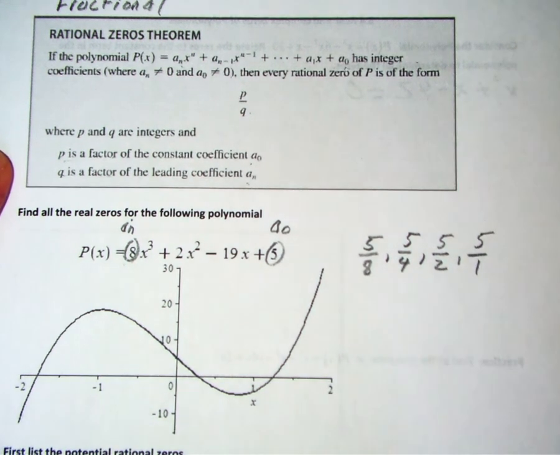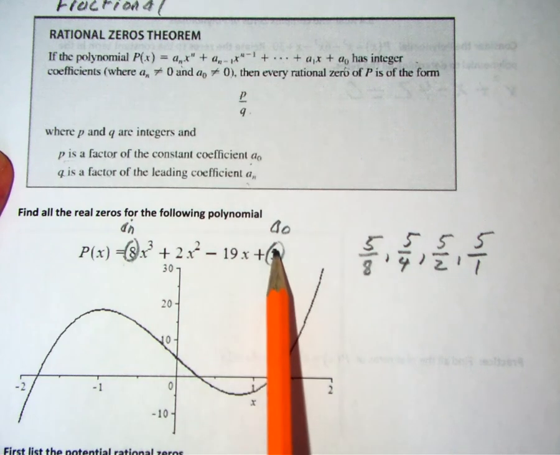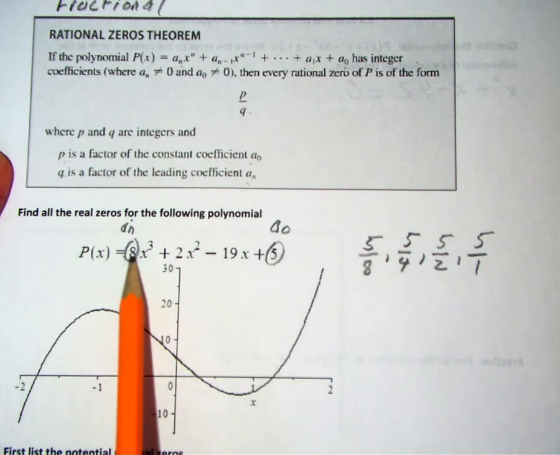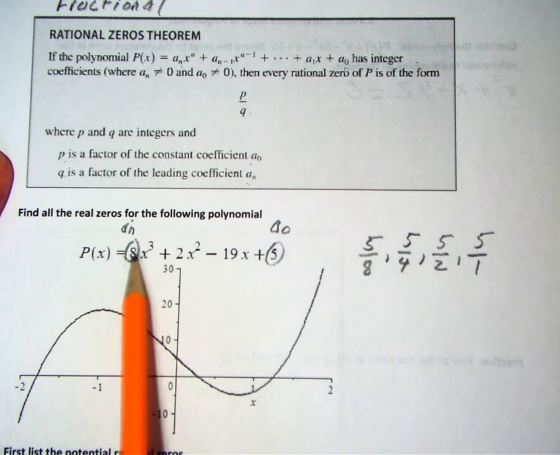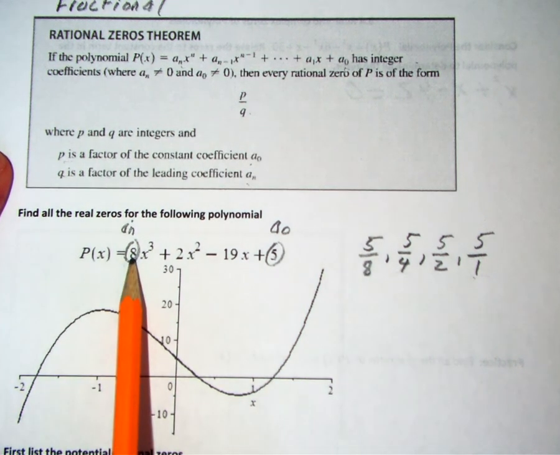Right, folks? We're doing this P over Q business as we speak, but we've just done it for 5. The Q's are all the divisors or factors of 8, right? 8, 4, 2, and 1 are the only numbers that divide evenly into 8.